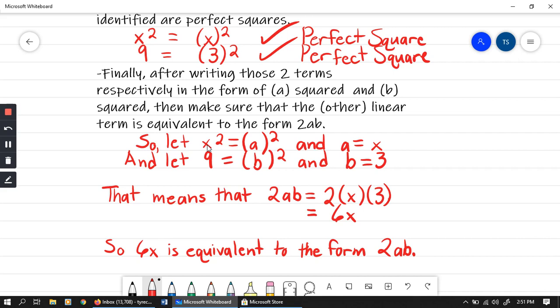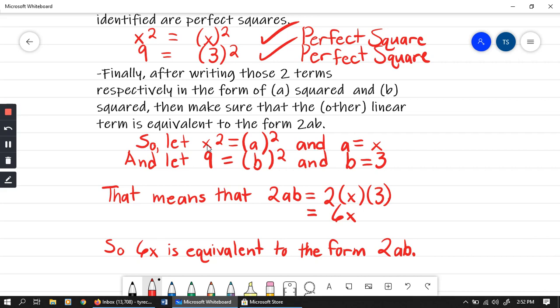So a is the same thing as x, because that's what's being squared there. All right, and then let's say that we've got 9 rewritten as b squared. So if 9 is equal to b squared, the only value for b that actually works is 3.